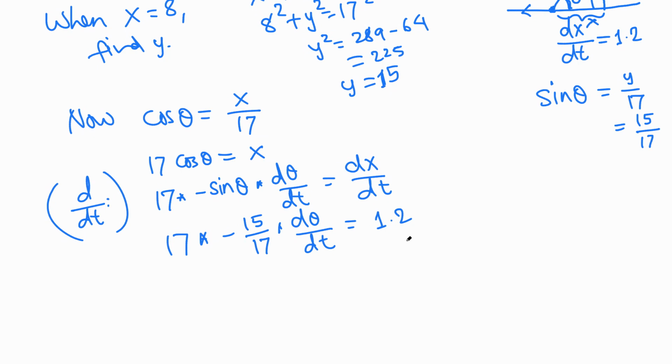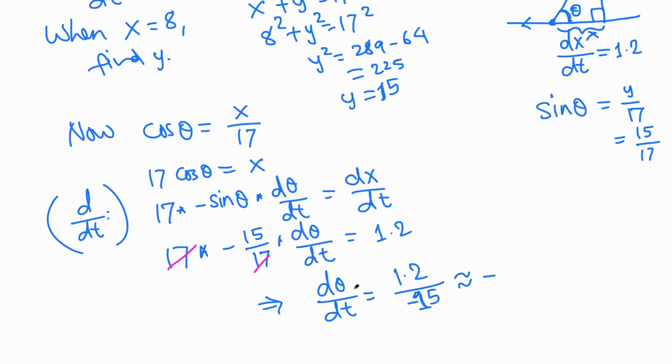Now we can simplify and isolate d theta over dt. 17 times negative 15 over 17, we can cancel, that leaves negative 15. So now divide both sides by negative 15, so d theta over dt equals 1.2 divided by negative 15. It will be very small, and negative.